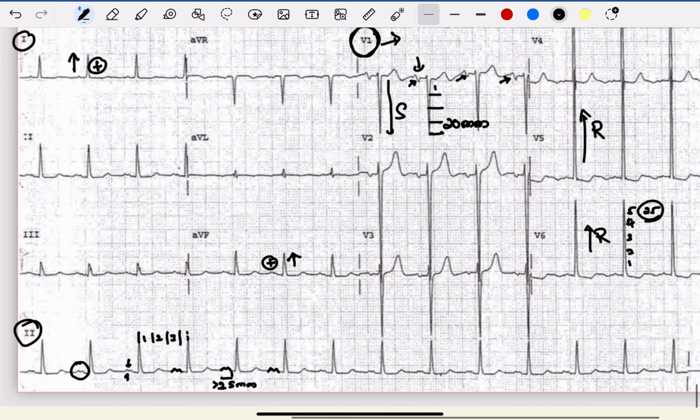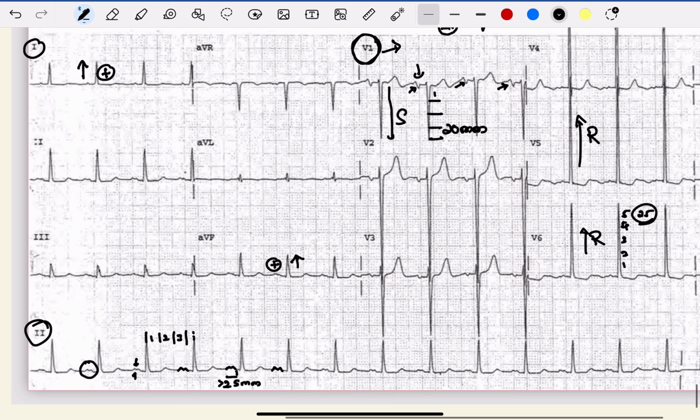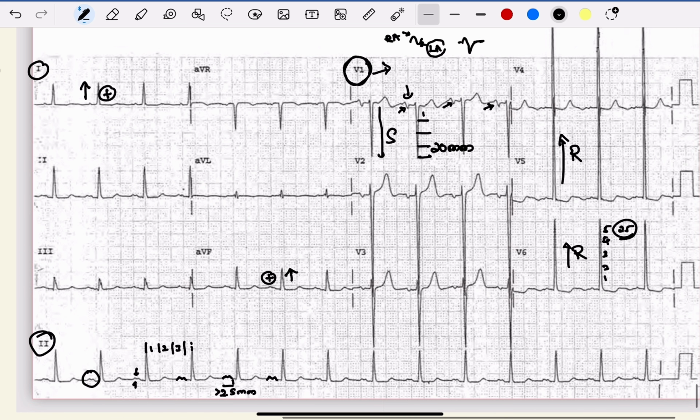Next, the non-voltage criterion: look at the LV strain. I told you to look at lead 1, AVL, V5 and V6. Look at the ST-T wave. There is no ST depression, but flattening is there. Here also it is flattening, but look at V5 and V6. There is characteristic ST sloping downward with T wave inversion.